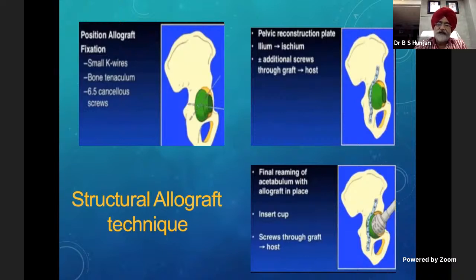We can put cancellous screws, or we can put a plate on the back so that the screws don't come into the way of the reaming. And finally, when the allograft is fixed, then we ream the allograft to make the acetabulum hemispherical, so that we can put the cup. So this is how we do it.